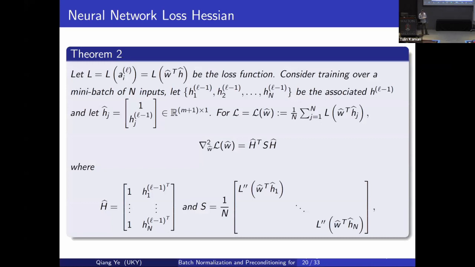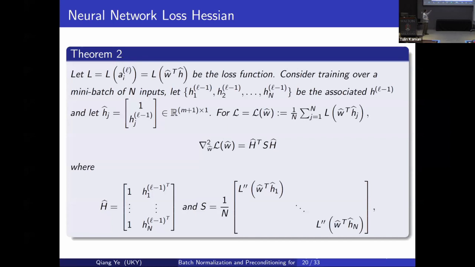If we do that and look at the Hessian, with some algebraic calculations we'll see that, because the loss is the mean loss over the mini-batch, the Hessian has this structure: the H hat matrix on the right and H hat transpose on the left, with a diagonal matrix S in the middle.